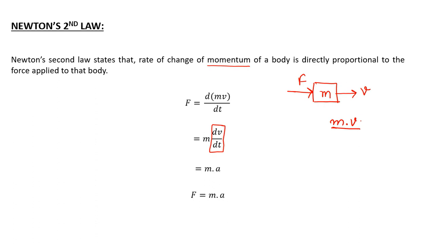And we know that the rate of change of velocity is nothing but acceleration. So we replace dv upon dt by a in this equation. Now the formula becomes F is equal to m times a, meaning force is equal to mass into acceleration. So the second law gives us the formula to calculate the force.